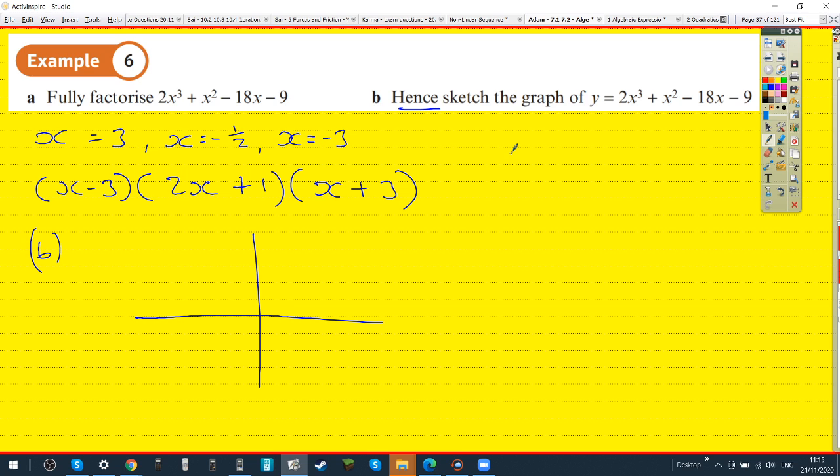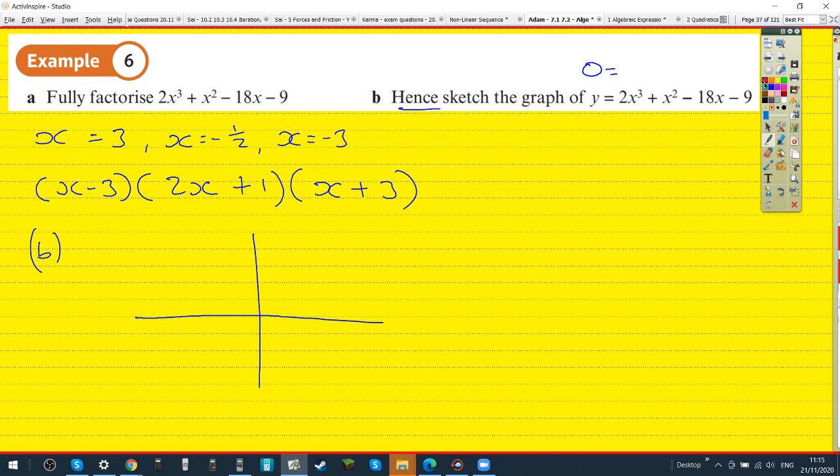Well, we know what x is, so we just substitute x back in. For these solutions, essentially it's equal to 0. Y is equal to 0. Let me write it a different way. 0 equals that. And so we have the three solutions.